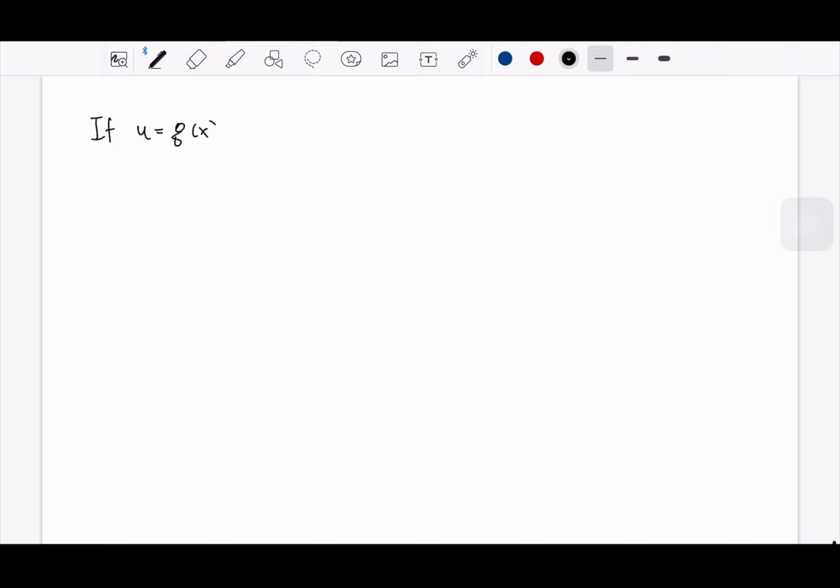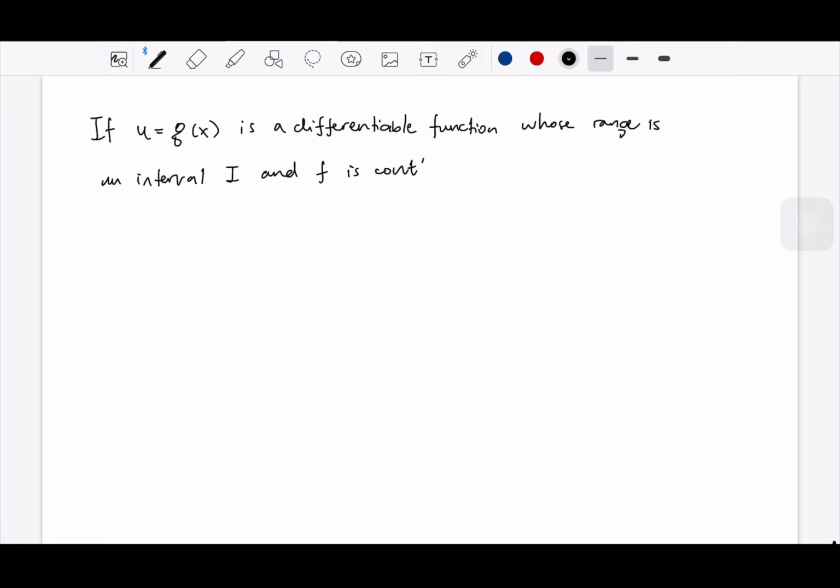If u is g of x, a differentiable function whose range is an interval I, and f is continuous on those intervals, then we could write that the integral of f of g(x) times g prime x dx is equal to, this is the chain rule form when we derive, right?